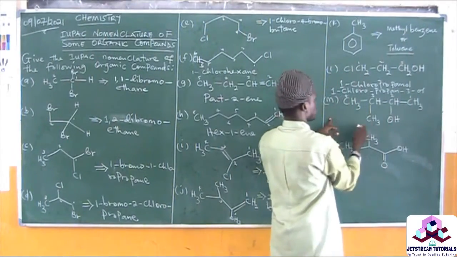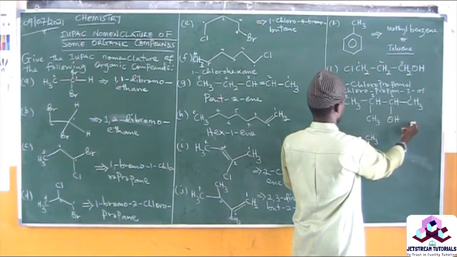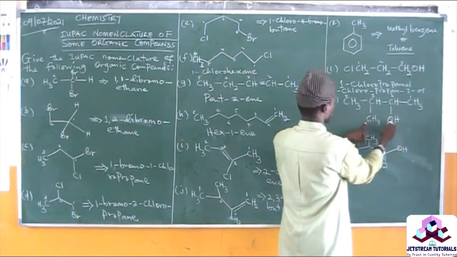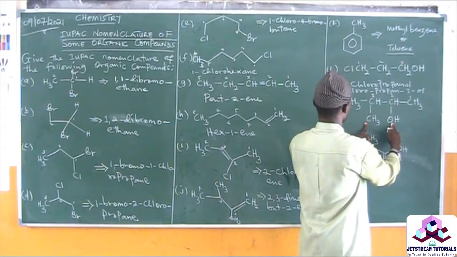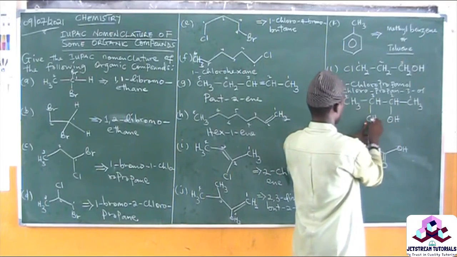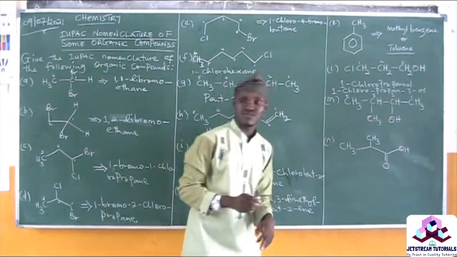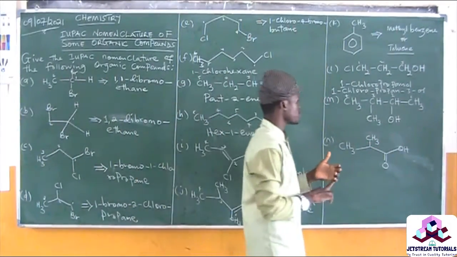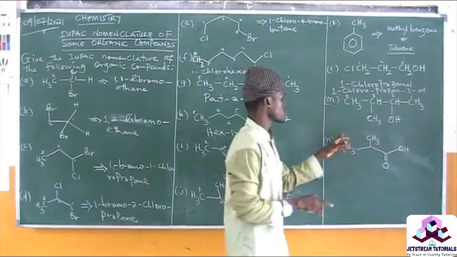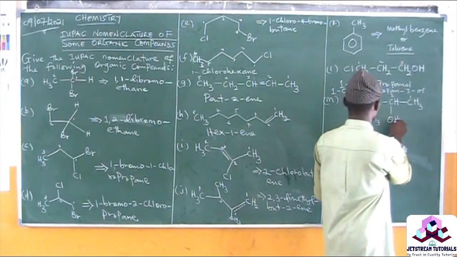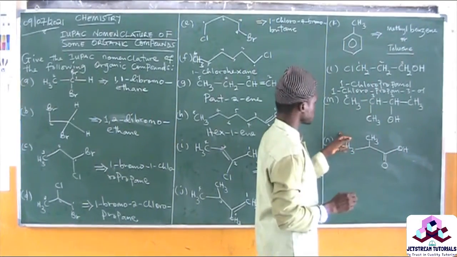Here, you can use alphabetical order. We have a methyl group, we have a hydroxyl group. So alphabetically, which one comes first, methyl or hydroxyl? Methyl starts with the letter M, while hydroxyl starts with the letter H. So which one comes first?